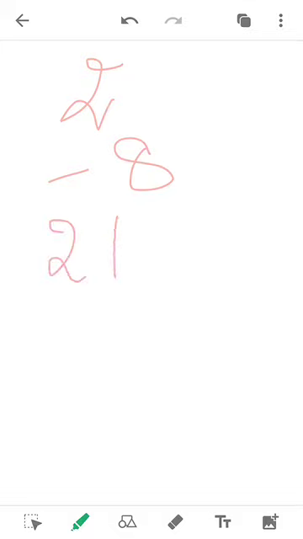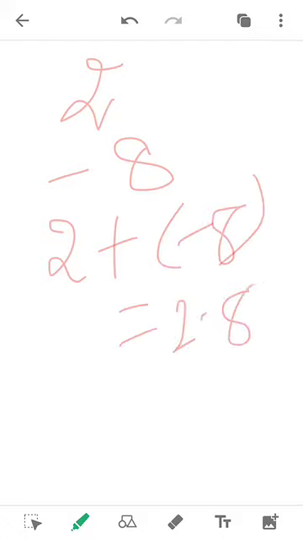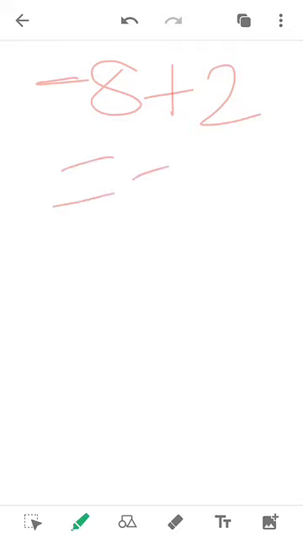If we take a positive integer 2 and a negative integer minus 8, whose sum is minus 6: 2 plus minus 8 is equal to 2 minus 8 is equal to minus 6. Or minus 8 plus 2 is equal to minus 6.